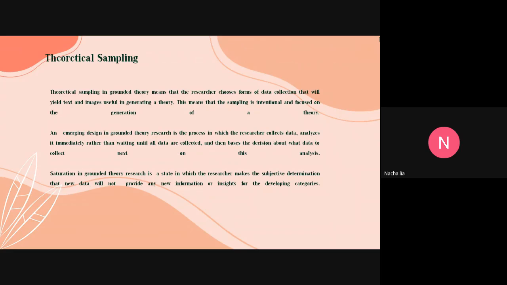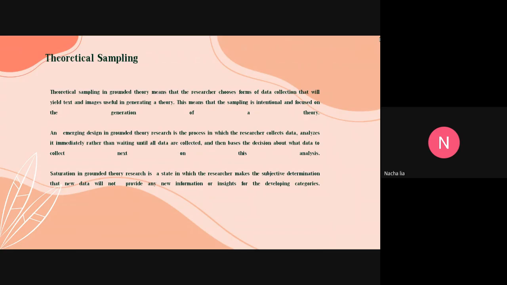An emerging design in grounded theory research is the process in which the researcher collects data, analyzes it immediately rather than waiting until all data are collected, and then bases the decision about what data to collect next on this analysis.